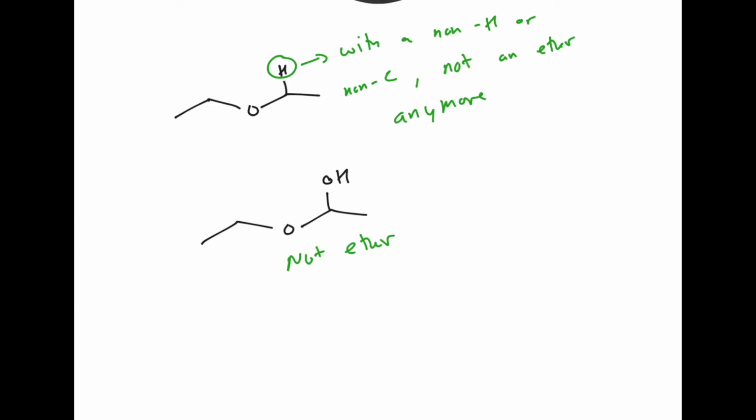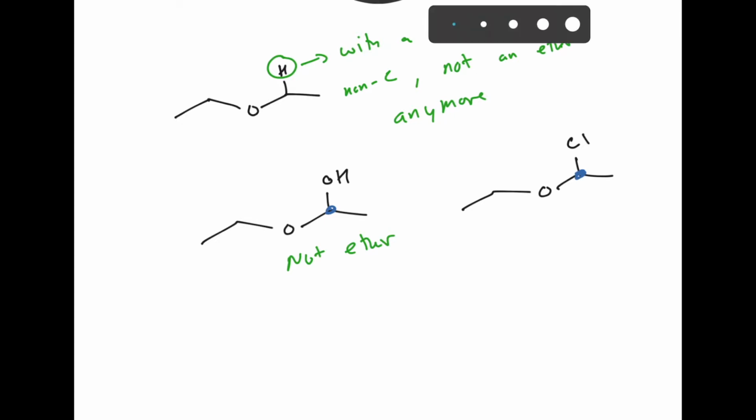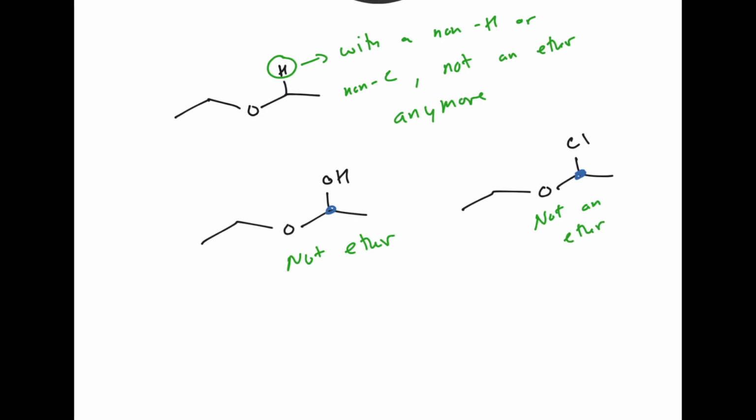If you start putting different atoms at the carbon bonded to the oxygen, you're going to get different functional groups. So you just have to keep them pretty simple, and you're basically limited to carbons and hydrogens on the carbon bonded to the oxygen. So this, not an ether. It behaves differently because that's not a carbon or a hydrogen. So they don't fit in that broad ether category when you start putting other atoms on the carbon.